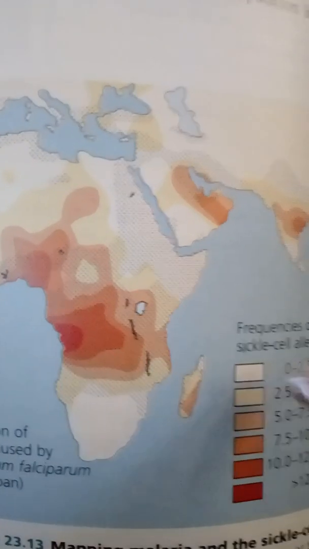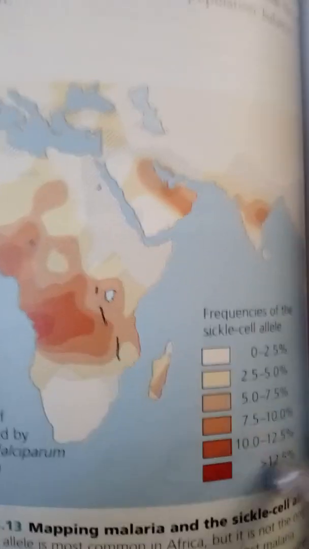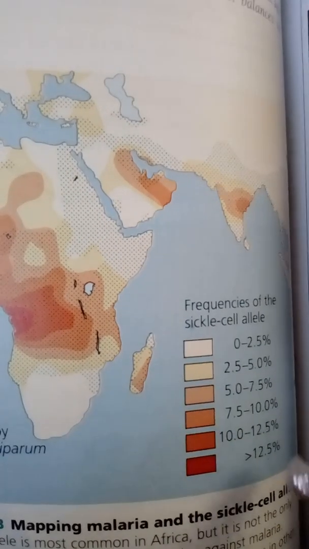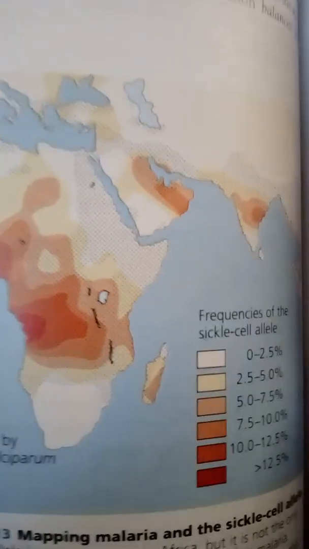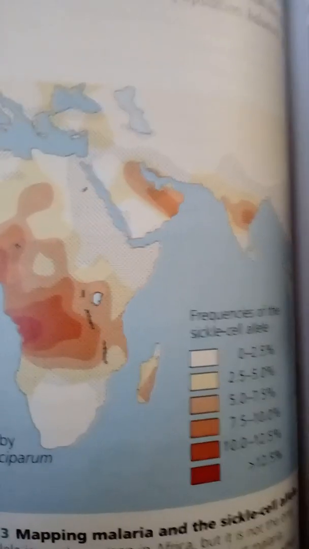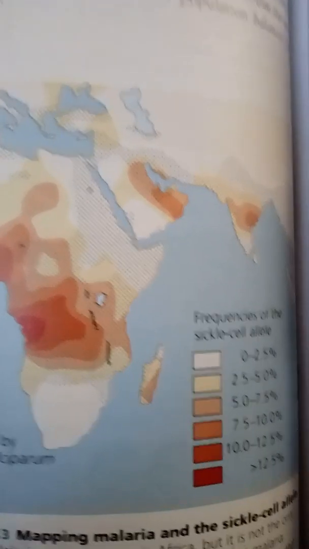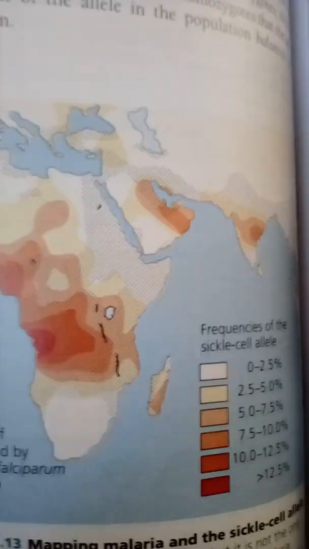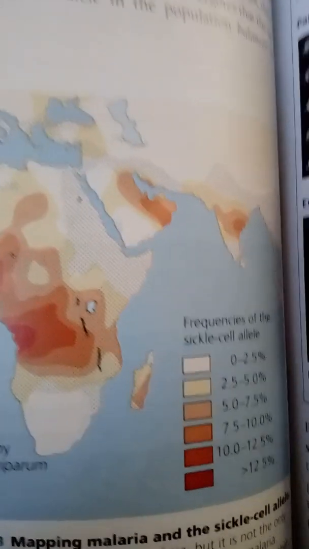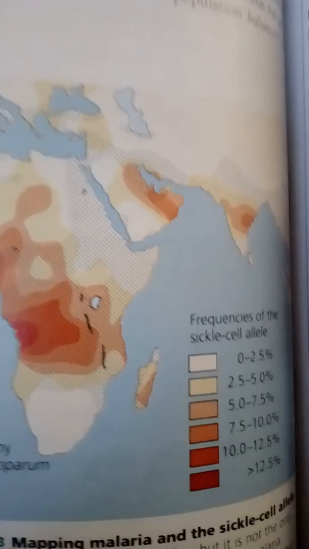In some tribes, it accounts for 20% of the hemoglobin alleles in the gene pool, a very high frequency for such a harmful allele. But even at this high frequency, q equals 0.2, only 4% of the population suffers from sickle cell disease. q squared equals 0.04, which means 4 parts in 100.